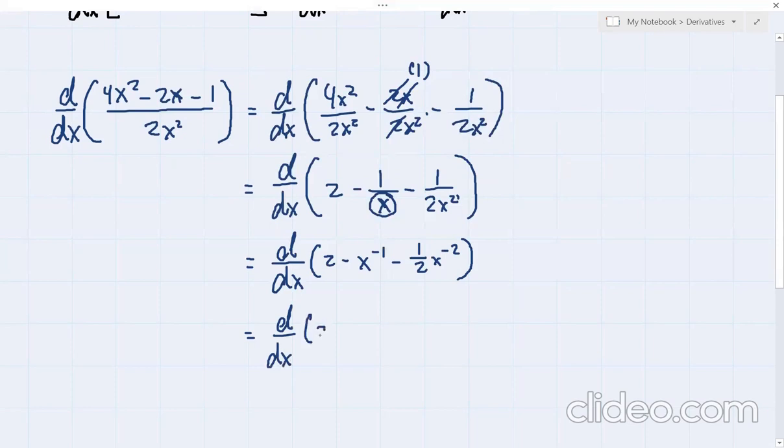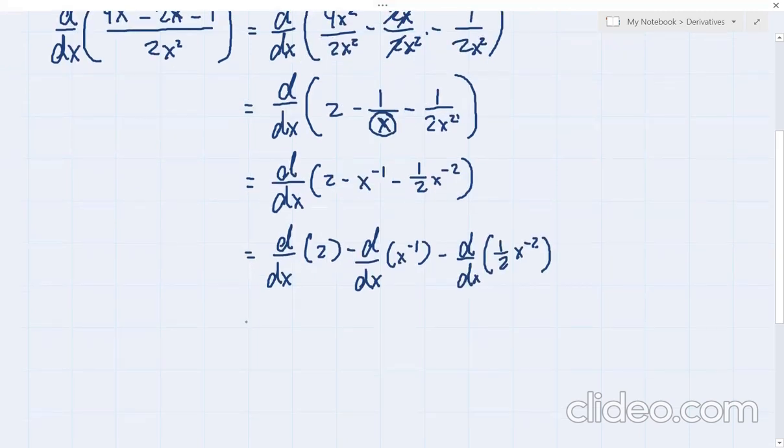Now, we can apply yung sum and difference rule of differentiation. So magiging the derivative of 2 minus the derivative of x raised to negative 1 minus the derivative of 1/2 times x raised to negative 2. Ayan. So kunin natin yung derivative ng 2, constant term lang siya, so magiging 0. Next, kunin natin yung derivative ng x raised to negative 1.